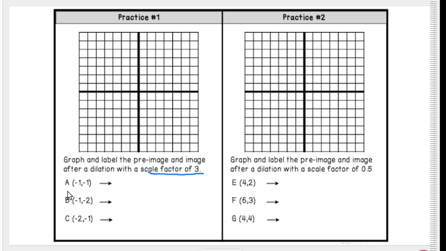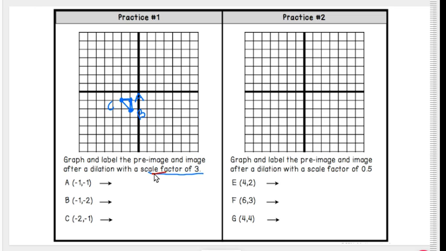So let's plot the pre-image first. So A is -1, -1. B, -1, -2. And C, -2, -1. And I waited a second to label them because I wasn't sure what direction this shape would go in. Okay, so draw that and label it.